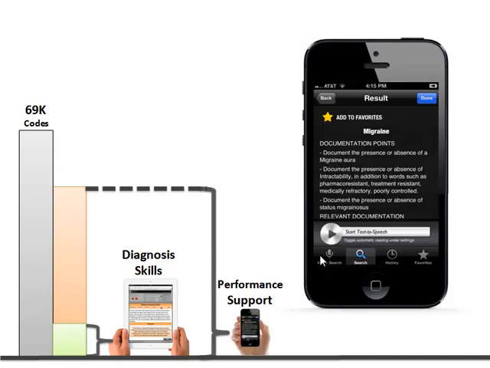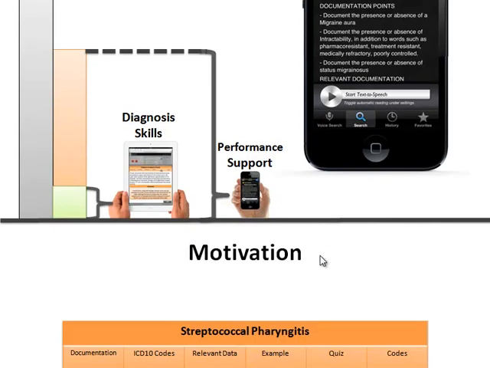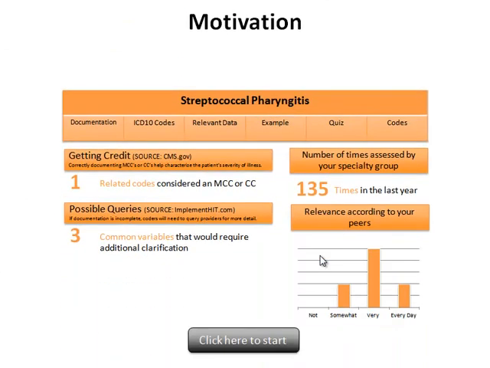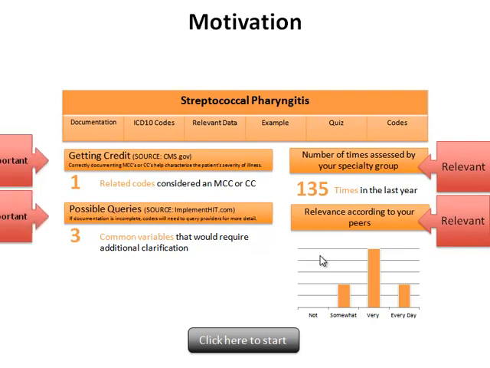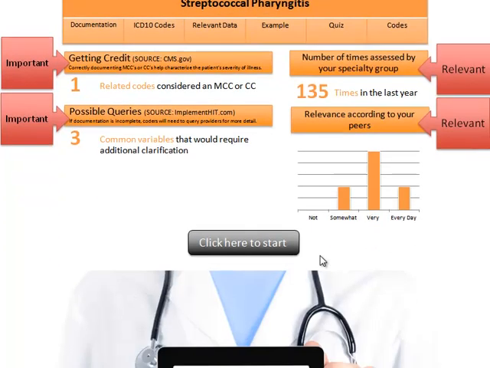Also keep in mind that with a mobile app, you will have fingertip access to 30 to 60 second key documentation points on not only your assigned diagnoses, but of hundreds of other diagnoses and conditions, corresponding to thousands of ICD-10 codes. As time progresses, you will find new data associated with your diagnosis-specific training skills, aimed at illustrating why each skill is relevant to the physician and their specialty, and why it is important, including its ability to impact risk adjustments and appropriately characterize your patient's story.